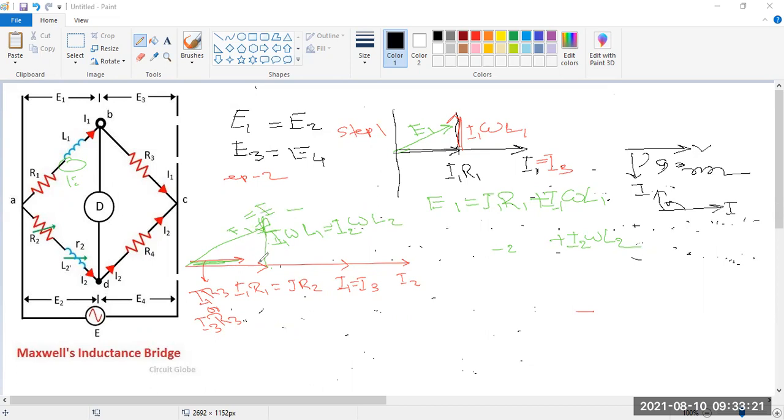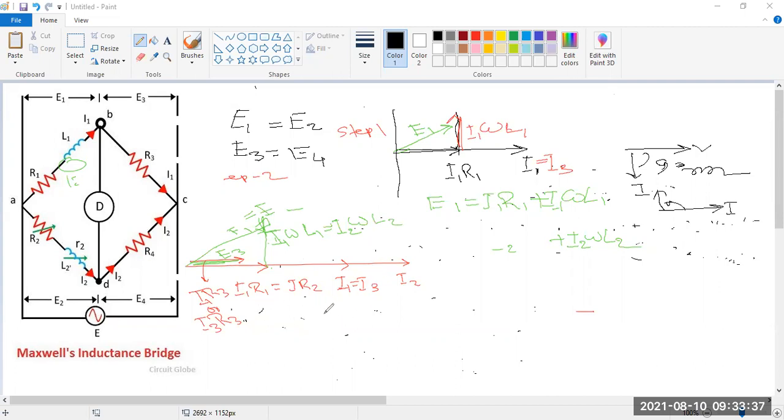Okay, this is the phasor diagram, but E3 is there. Look, this is the E3. So E3 up to this, and this is I1, I2, and this is I1, I3.